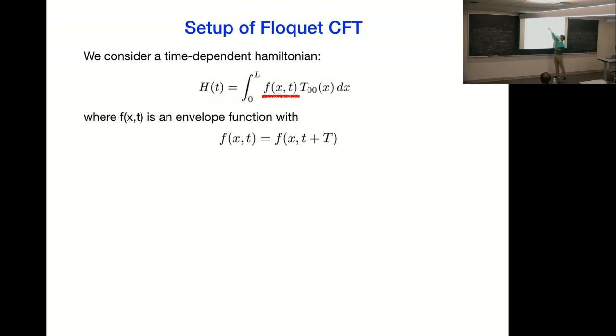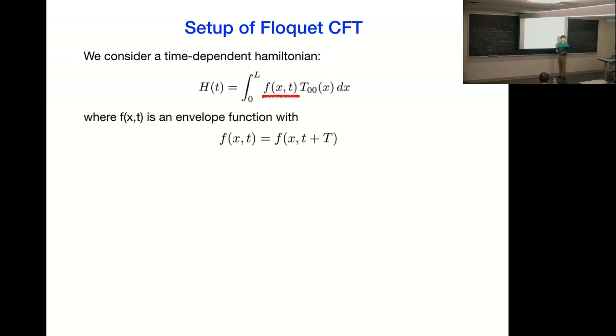Here T, capital T, is the stress energy tensor in CFT. T00 is nothing but the Hamiltonian density. We simply put in an envelope function f, which is a time-dependent function. The physical meaning is very simple: we deform the Hamiltonian density as a function of time and see what happens to this CFT.